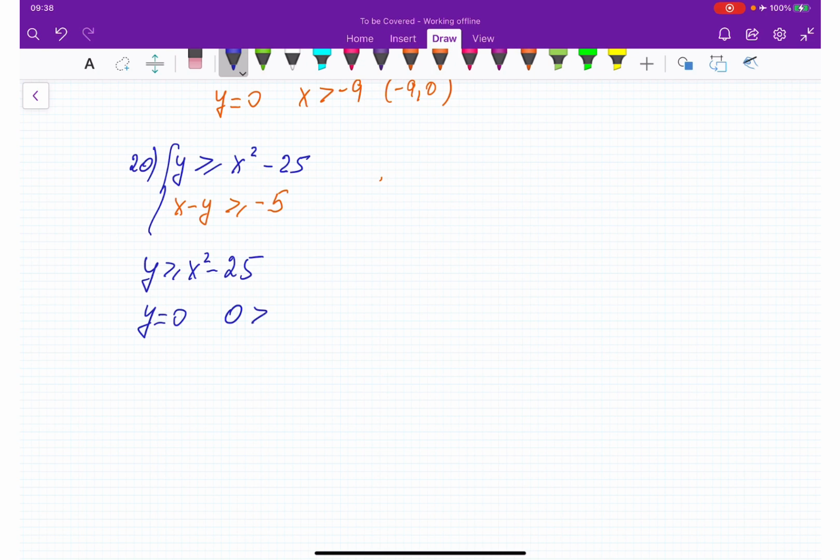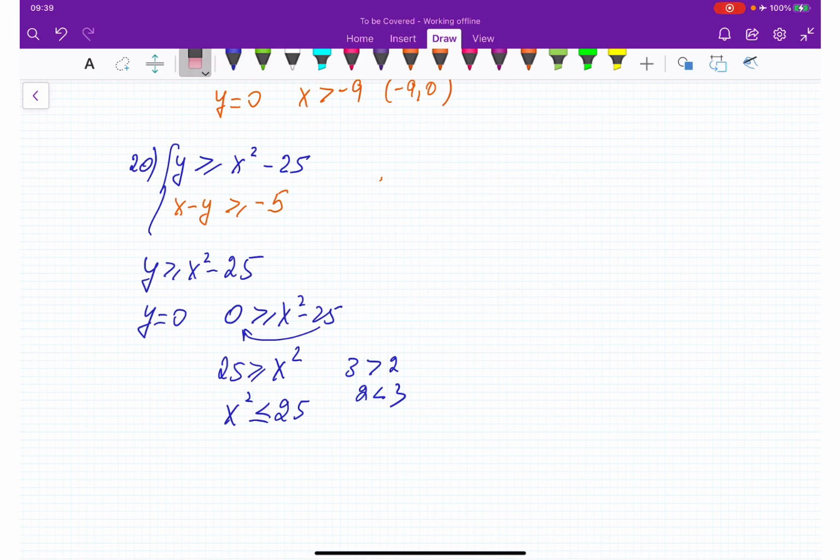0 greater equal x squared minus 25. From here, I move 25 on this side, I get 25 greater equal x squared, or x squared is less equal 25, right? Again, by the same principle, if 3 is greater than 2, then 2 has to be less than 3, correct? So if we switch position, you switch the sign also. Okay.